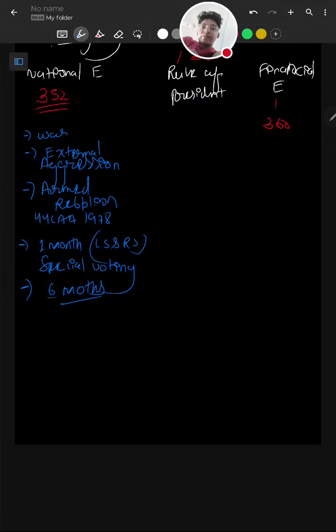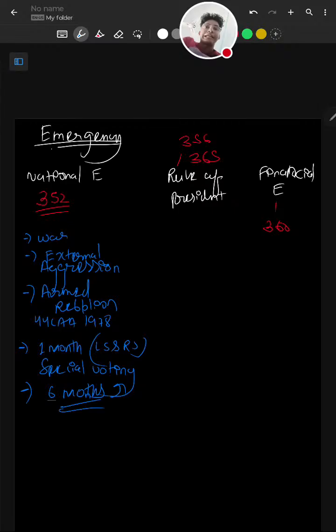After every 6 months, the national emergency would have to be reapplied. And if the war or any other thing has not been resolved yet, then you can apply it for 6 months more with special voting again. That is your national emergency, right? How you apply it, what the conditions for applying it are, and all that.